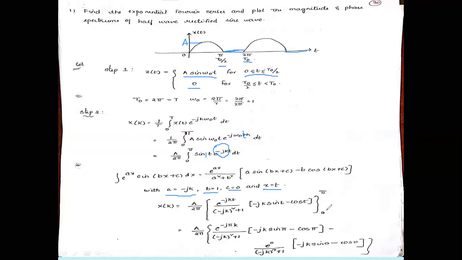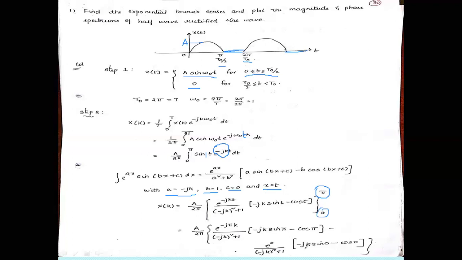And substitute the pi value, substitute pi as the upper limit. A by 2 pi is already the multiplication factor, e power minus jk, the t is pi, whole divided by the same denominator, minus jk sine pi minus cos pi. These are the two terms for substituting the upper limit.